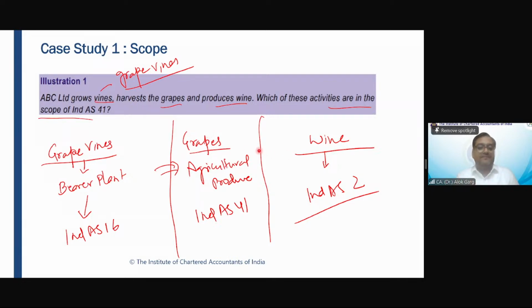After harvesting, these grapes will become a raw material for manufacturing wine, and wine also becomes a finished product. So grapes as a raw material and wine as finished goods will be covered under Ind AS 2. So this is the answer for these items.